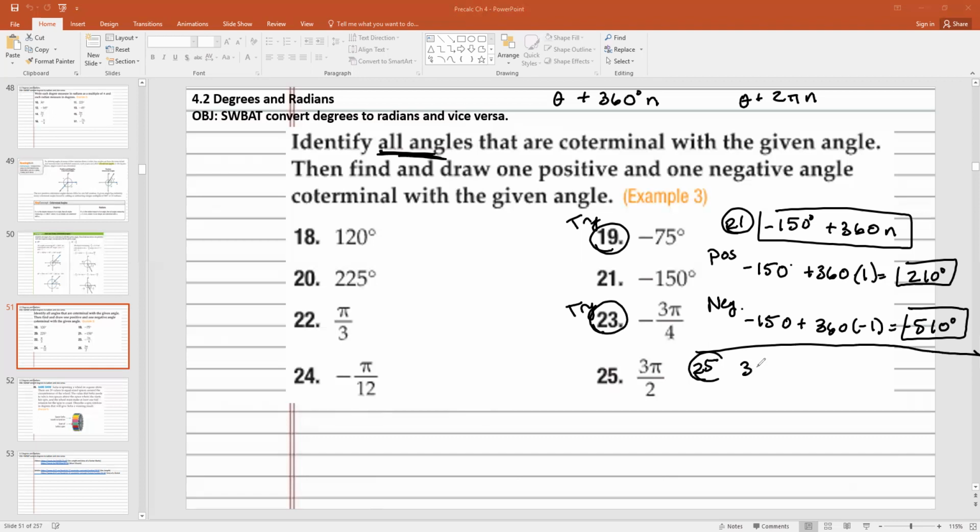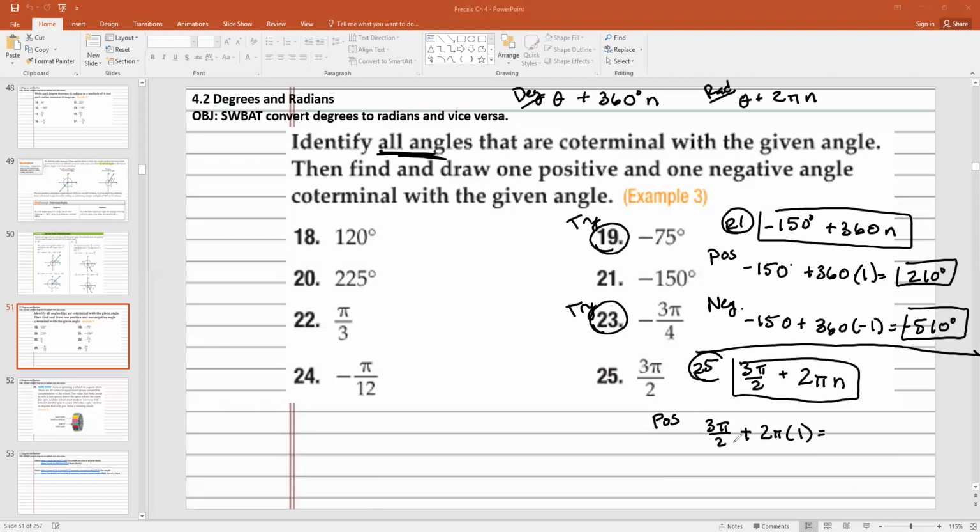So 25, we have 3 pi over 2. And here this is radians. So radians, you just add 2 pi times n. That's it. That's easy. But now we need to do the positive. So if you do positive, we're going to have 3 pi over 2 plus 2 pi, and I'm just going to use 1.